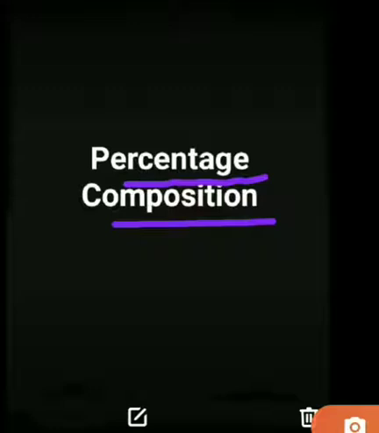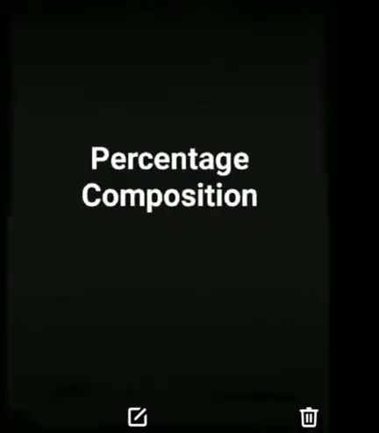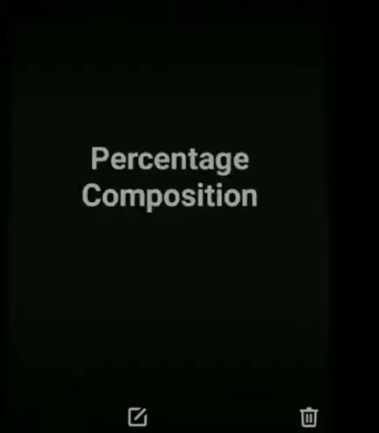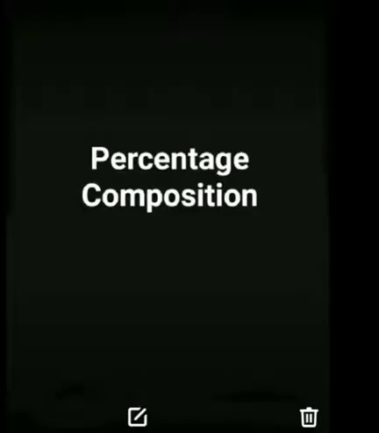So let us start. Students, basically the page did not come yet, so I will make another lecture, but you just have to know what this heading means. It basically means how we can calculate the percentage of an element in a compound. Okay, so for this we will take an example.